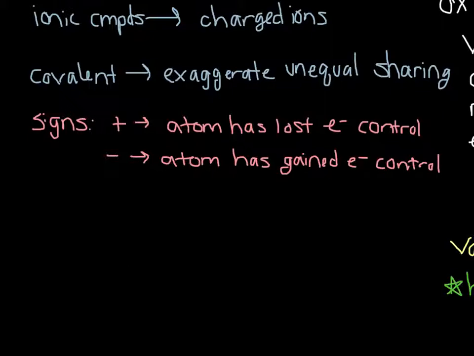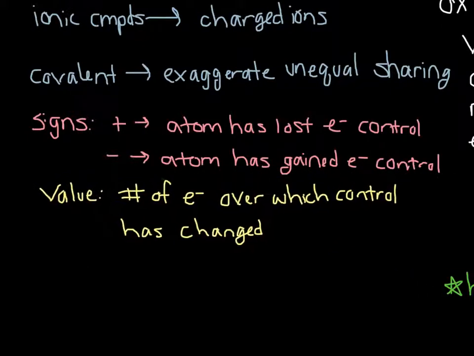If there's a negative sign, the atom has gained control over that or multiple electrons. The number we use is the number of electrons over which control has changed. So have you increased in a positive value, decreased in a positive value, and we will do several examples of this.